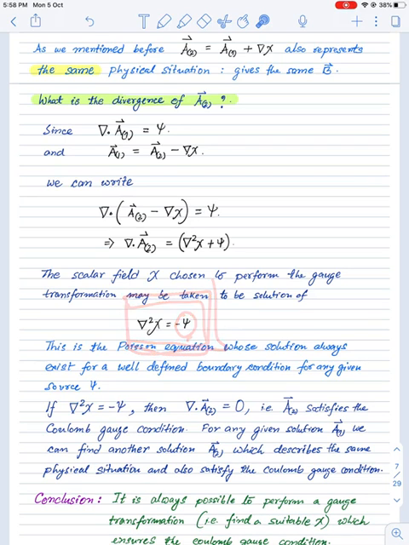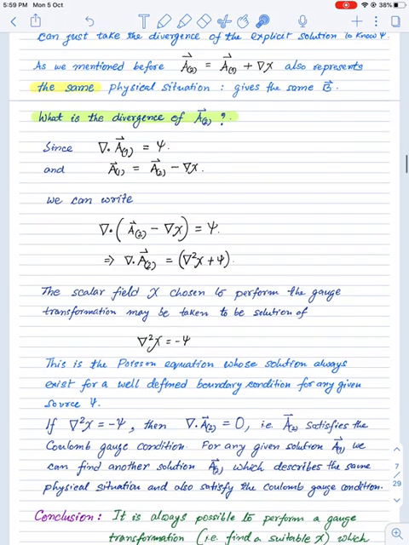Then we have the Laplace equation. Okay, and as we know, if we have the Laplace equation with trivial boundary conditions, that is, if the chi goes to 0 at infinity, and the Laplace equation is equal to 0, then this will force chi to be 0 everywhere.